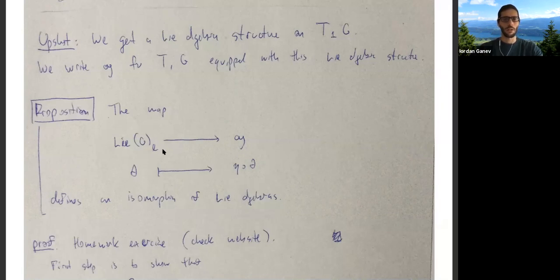That's why it doesn't feel quite as canonical to me. In the books, in Springer, and I also looked at Humphreys, Humphreys has a nice section. They define the Lie algebra as the left invariant vector fields, so they make this choice from the outset.